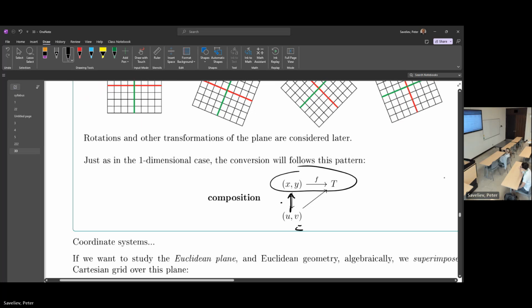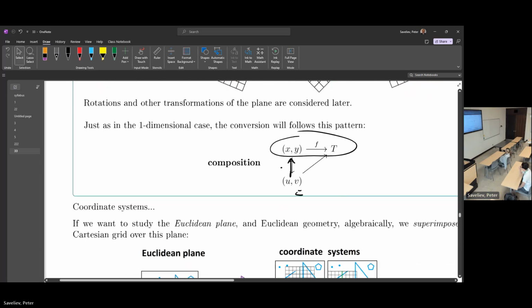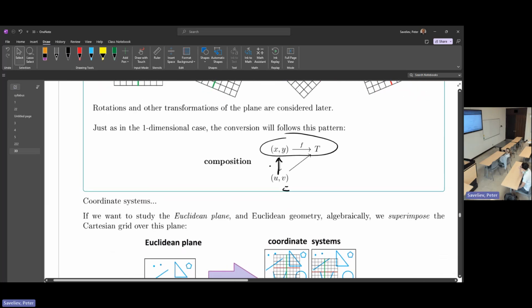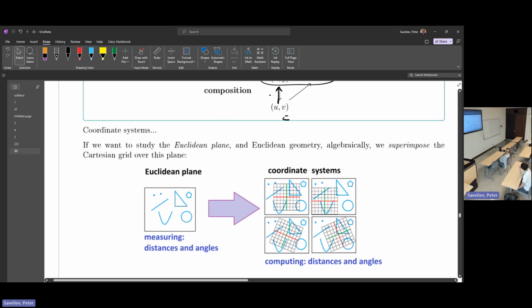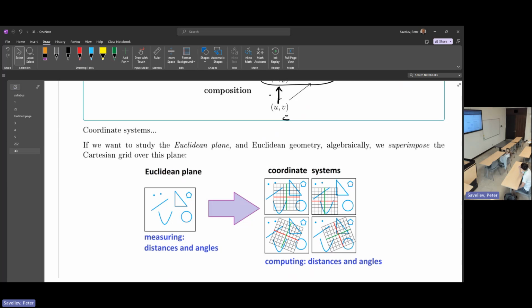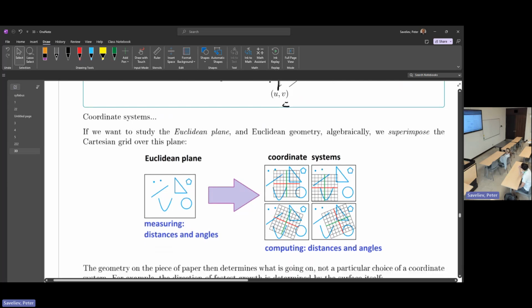So once again, there are a bunch of coordinate systems for the same plane and the same pictures, and we express them in different coordinate systems. Naturally, when we go back, the result should be the same. Otherwise, what's the point?